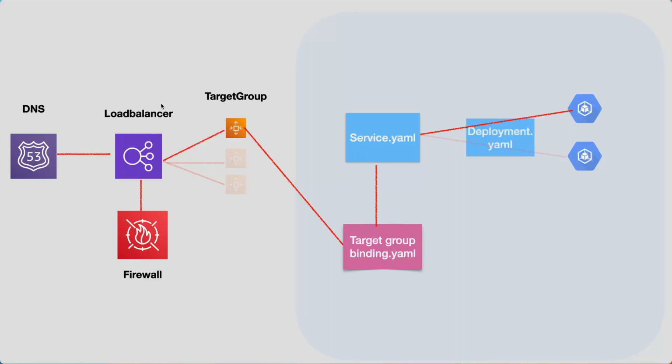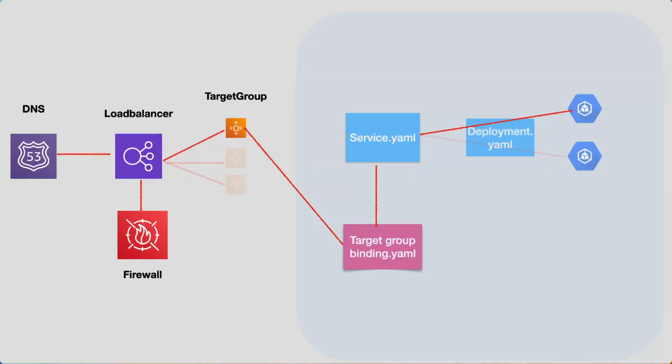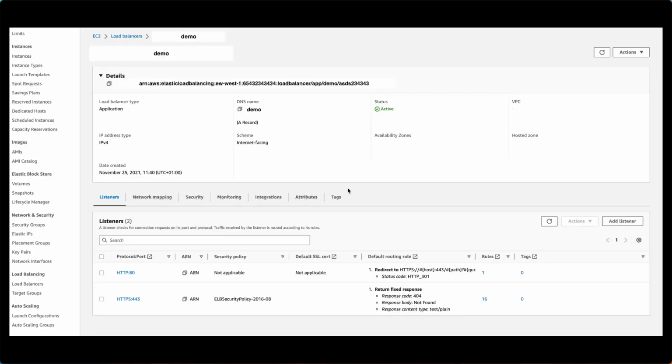But if you want to connect the load balancer to a target group, we need to create a listener rule that I talked about here. For example, there are rules here.